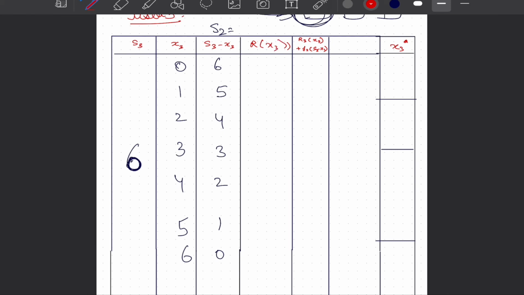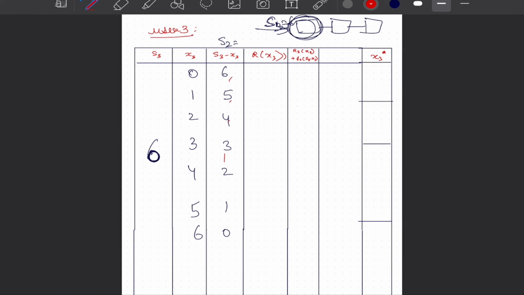And if we talk about the returns here, I should have also added one column of returns. So I will change the name slightly here. We will keep this as x3 star. This would be the return corresponding to x3, and this is the return corresponding to the maximum returns we are going to have with these allocations of 6, 5, 4, 3, 2, 1, 0 to user 2.